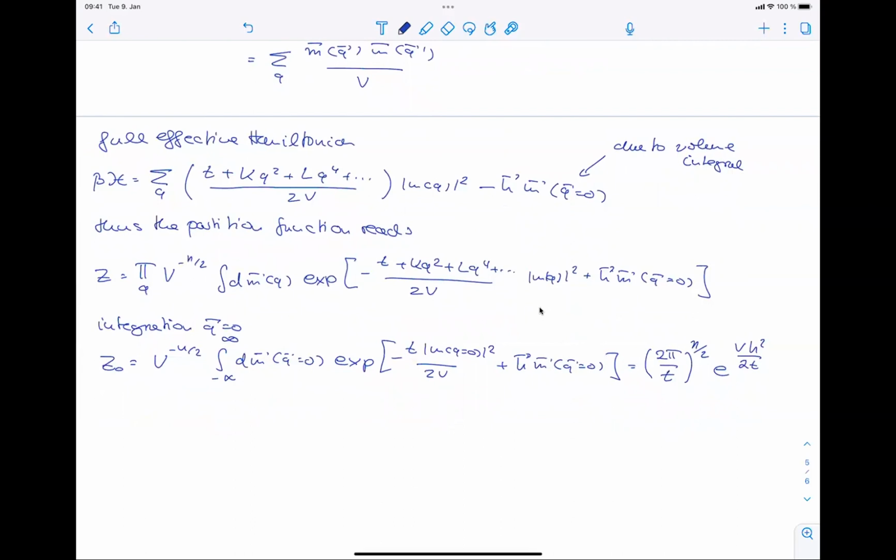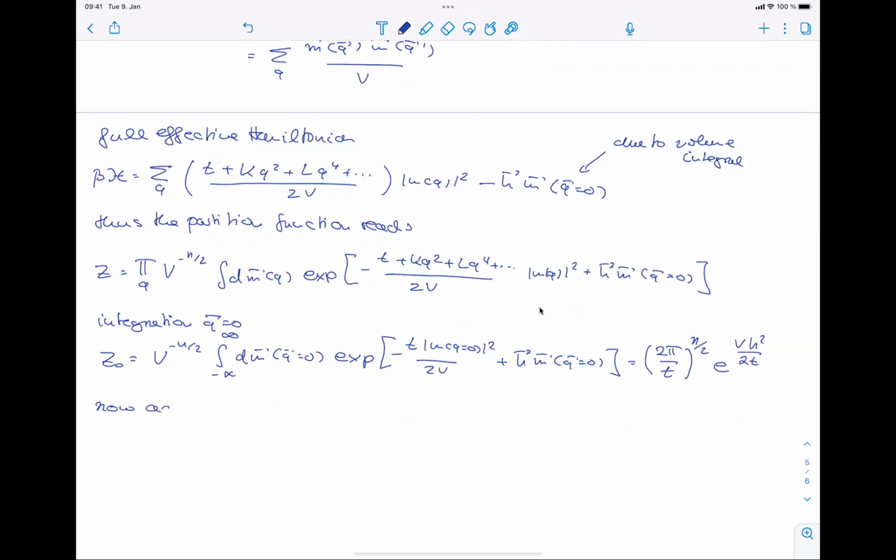And similarly, also the non-Q equals 0 terms I can map onto a Gaussian integral, just that the normalization factor looks more complicated.